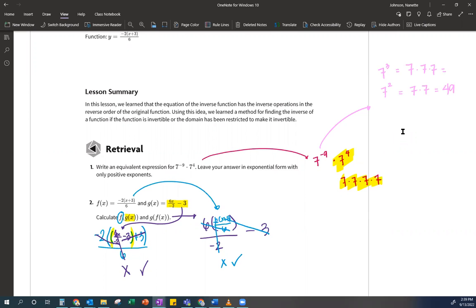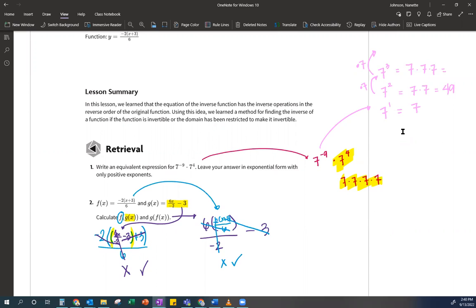So if you notice, when I'm going up this way, all I'm doing is multiplying by 7. That's the pattern. From 2 to 3, I just multiplied by 7. So in math, I want you to think about, how would I get down to the negatives? Well, I'd go this way. And this would be 7 to the 1st, which is just 1 power of 7.